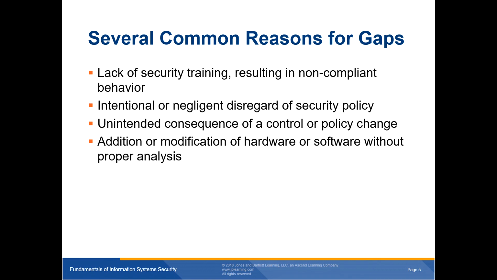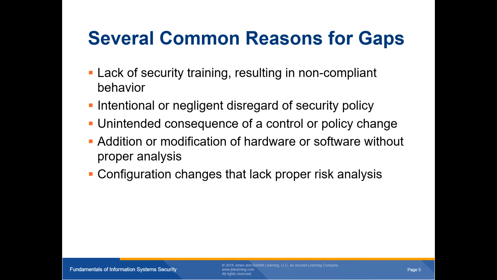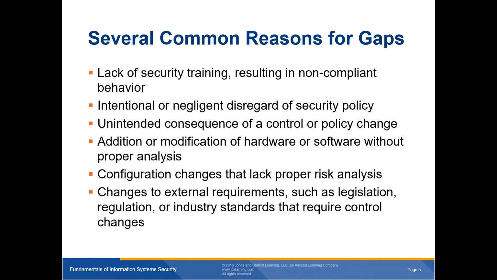Addition or modification of hardware or software without proper analysis. Configuration changes that lack proper risk analysis, and changes to external requirements such as legislation, regulation, or industry standards that require control changes.